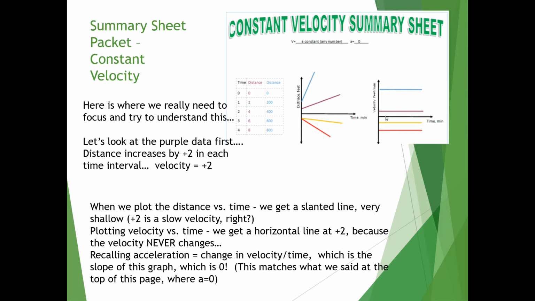And recall that the acceleration equals 0 because the velocity is never changing, okay? So for the purple, I put some numbers in here. I've got a fairly shallow line, and my velocity is fairly low number here.